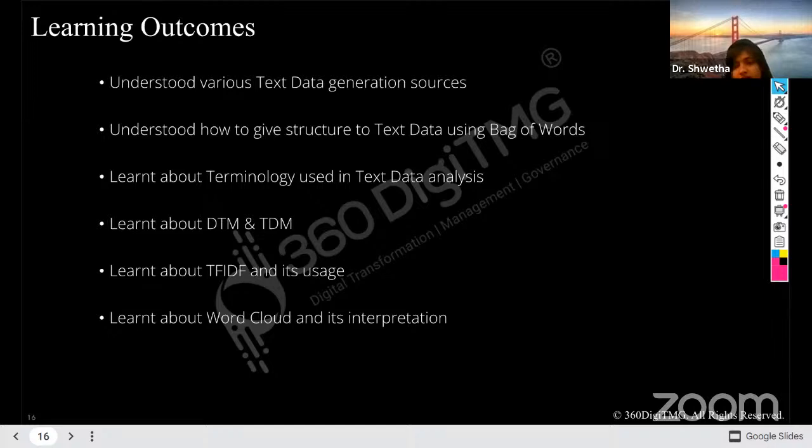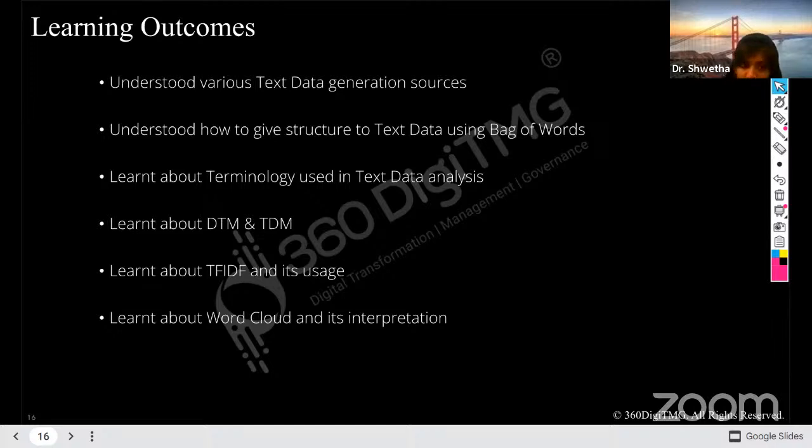So here we tried to understand what are the different sources where text data is being generated. Then we understood how to give structure to unstructured text data using bag of words. We learned about the terminology used in text data analysis.